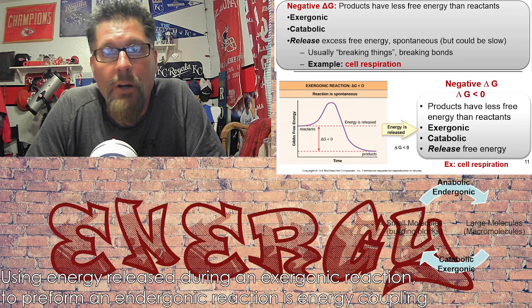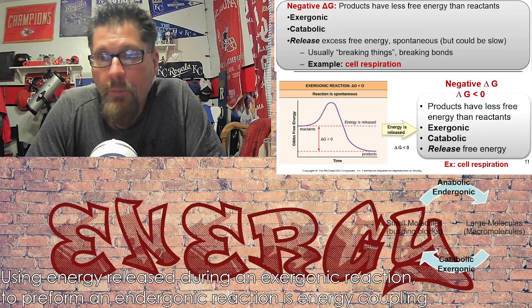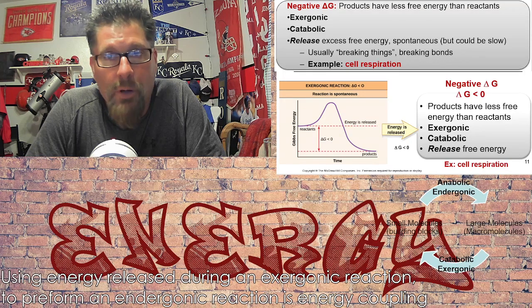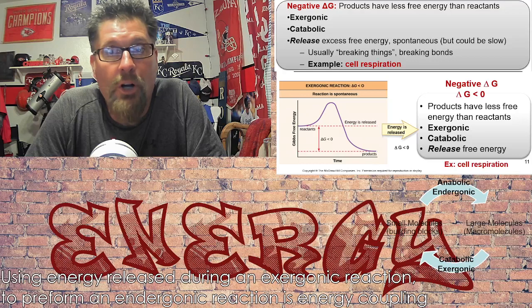So whatever energy unit it is, it had a bunch, but when the reaction ends, we can see that it's almost zero. So that's why it's considered negative G, or negative energy, because we have less than what we started with.